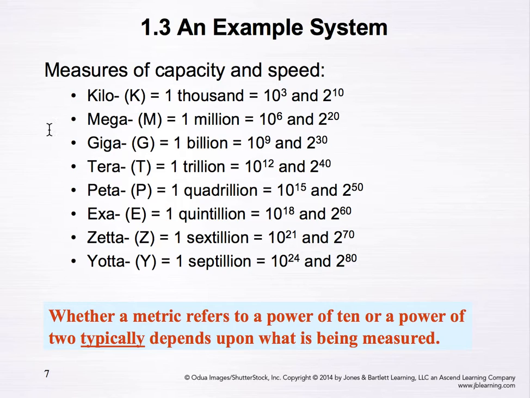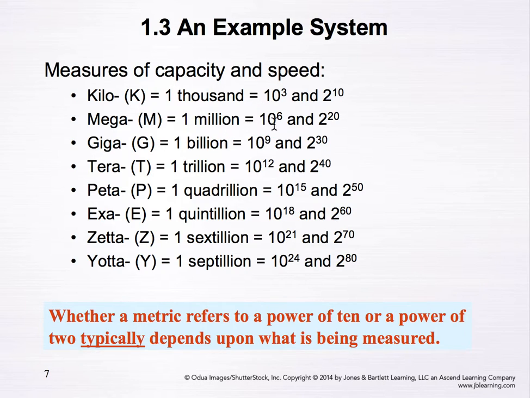In terms of measures of capacity and speed, we have kilo, denoted by capital K. That's 1,000. In terms of speed, that's 10 power 3. In terms of capacity, it corresponds to 2 power 10. Mega, denoted by capital M, corresponds to 1 million.